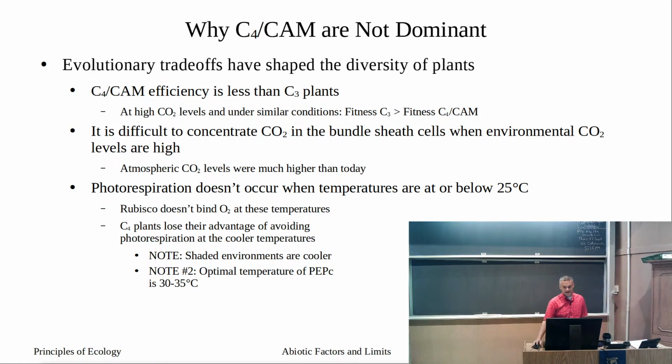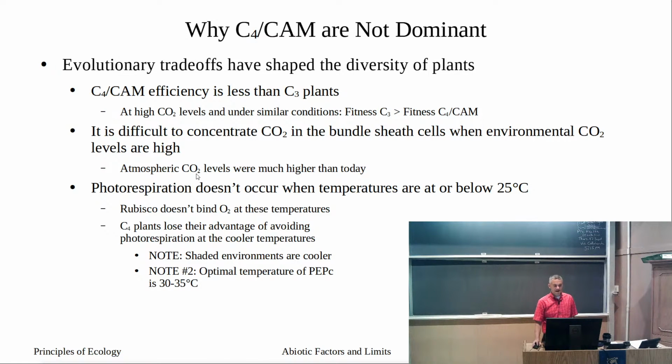Second up was the concentration of CO2. The higher the atmospheric concentration, the harder it becomes to concentrate that CO2 in the bundle sheath cells. If you think about it, there's no reason to do that. You have a naturally high level to begin with, so you don't have that need to separate fixation and assimilation.